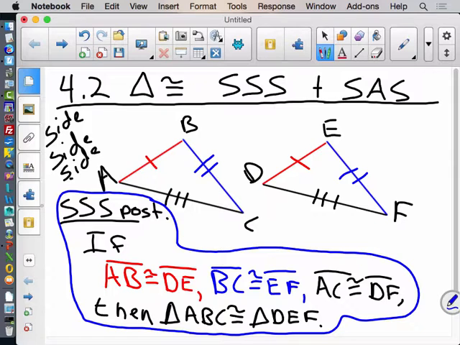To put that in regular terms, if I can prove all three sides of two triangles are the same length, the corresponding sides, then I can prove, using this theorem or postulate, that both triangles are congruent. And remember, congruency means that they have the same measures, both the angle measures and the length measures, not just one or the other.